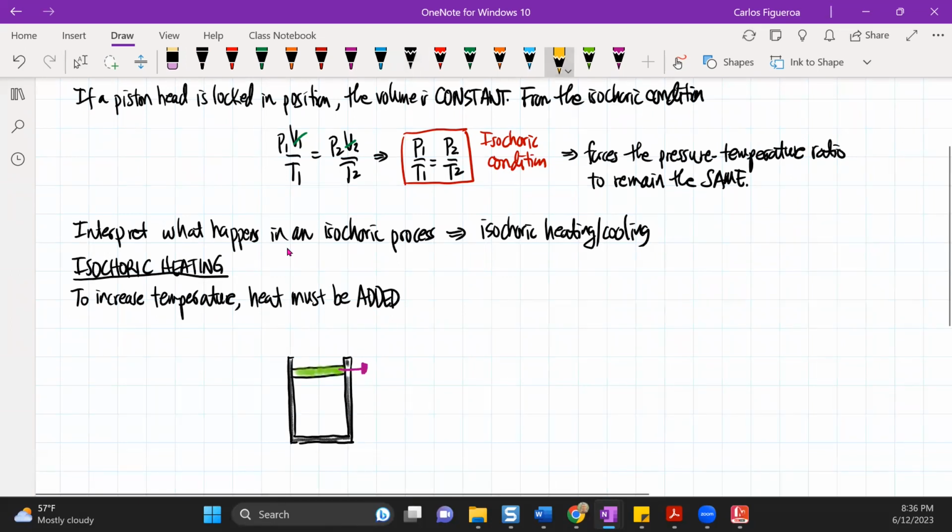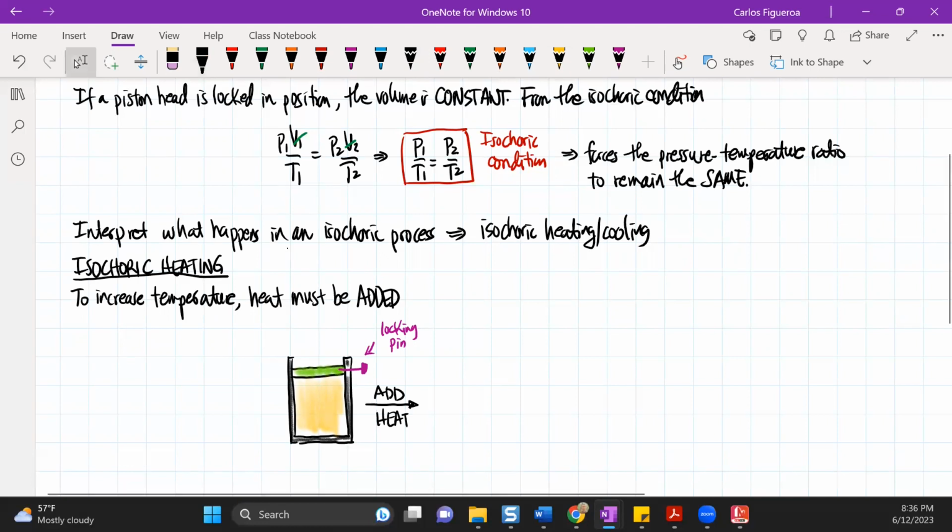And then inside of here is our ideal gas. So when we're looking at this thing here, this guy right here is our locking pin. And what we're going to do here is that we're going to add heat. That's what we mean by isochoric heating.